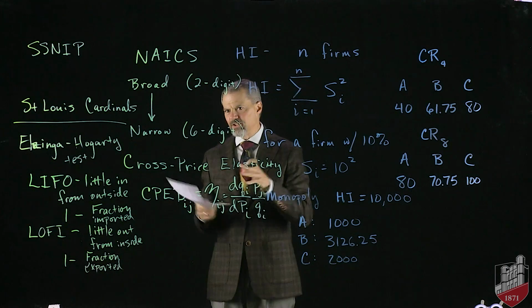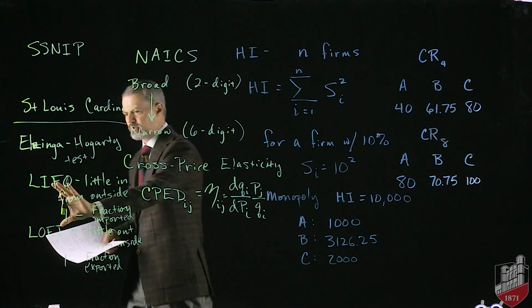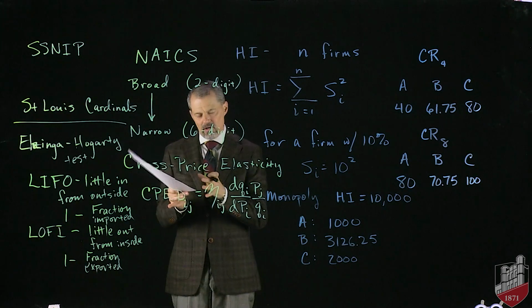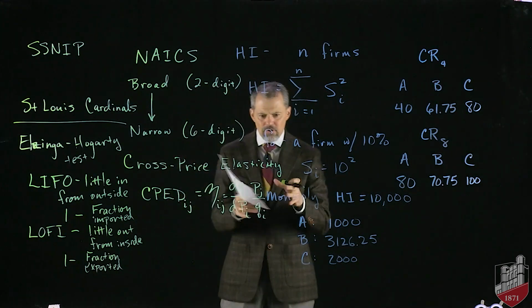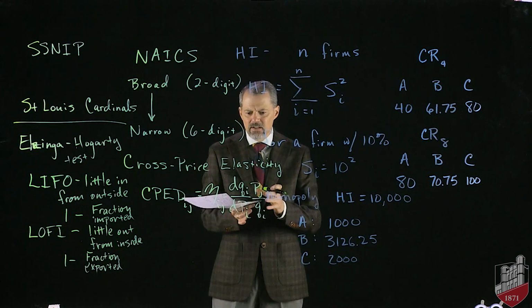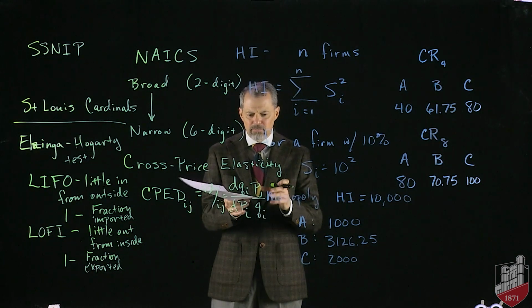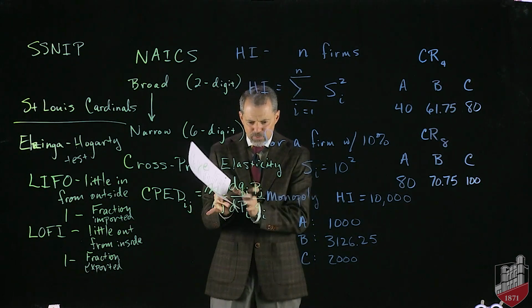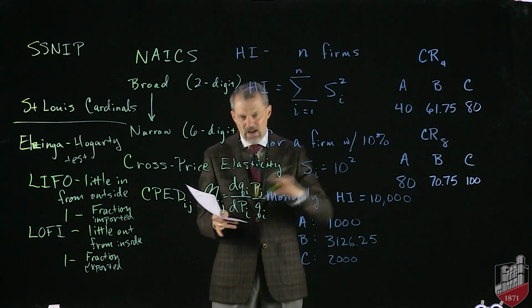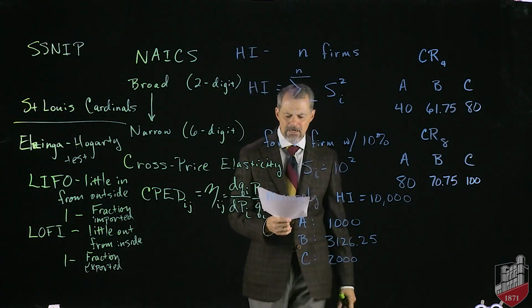The bigger these two measures, LIFO and LOFI, are, the stronger the market that you're thinking about. That means that a lot of what's produced there is being consumed there, and very little comes from outside.